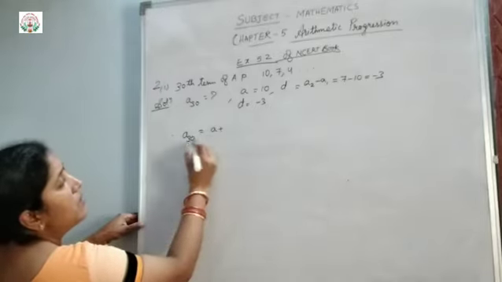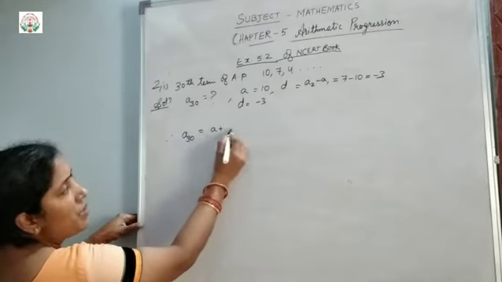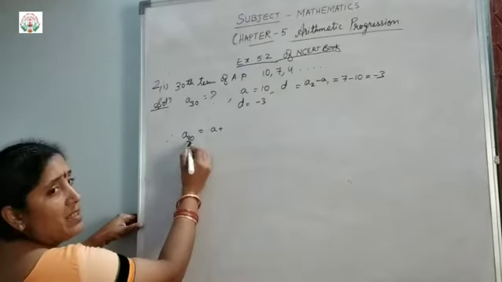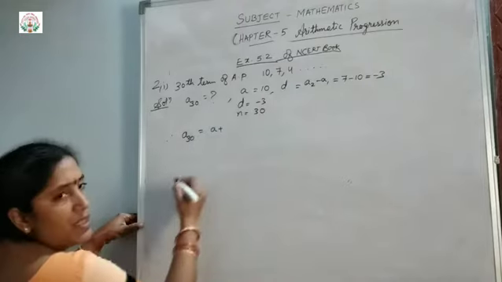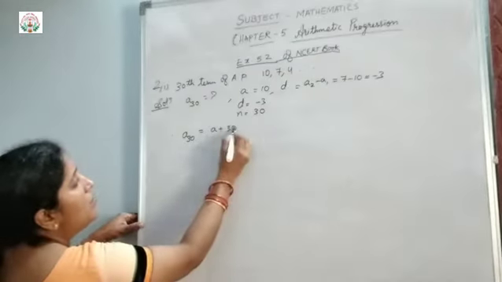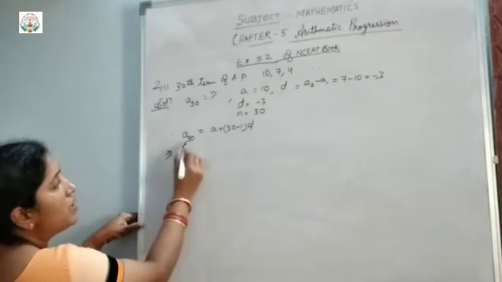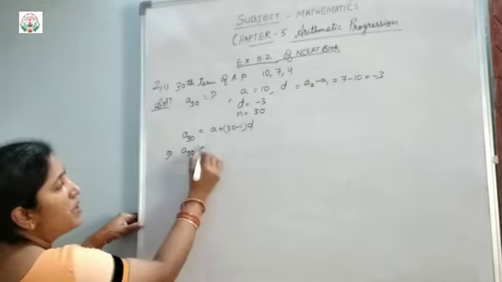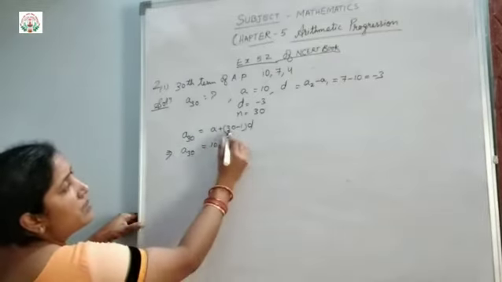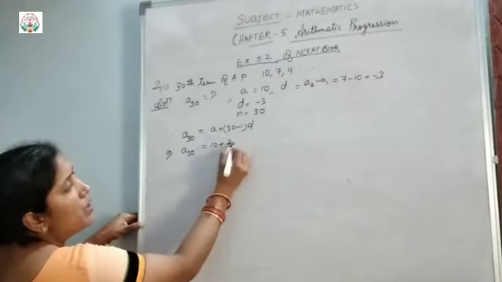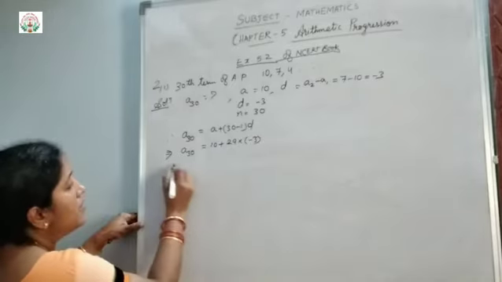Okay, so therefore A30 will be how much? The nth term formula you will use: an equals a plus n minus 1 into d. So here n is 30, so 30 minus 1 into d. A30 we have to find, so keep it like that. Then the value of a is given as 10 plus 30 minus 1 which is 29 into d, which is minus 3.